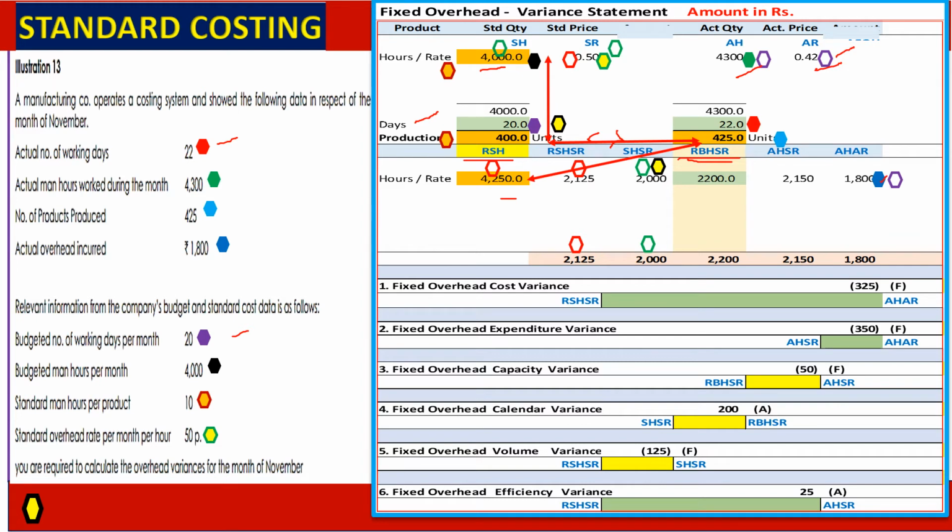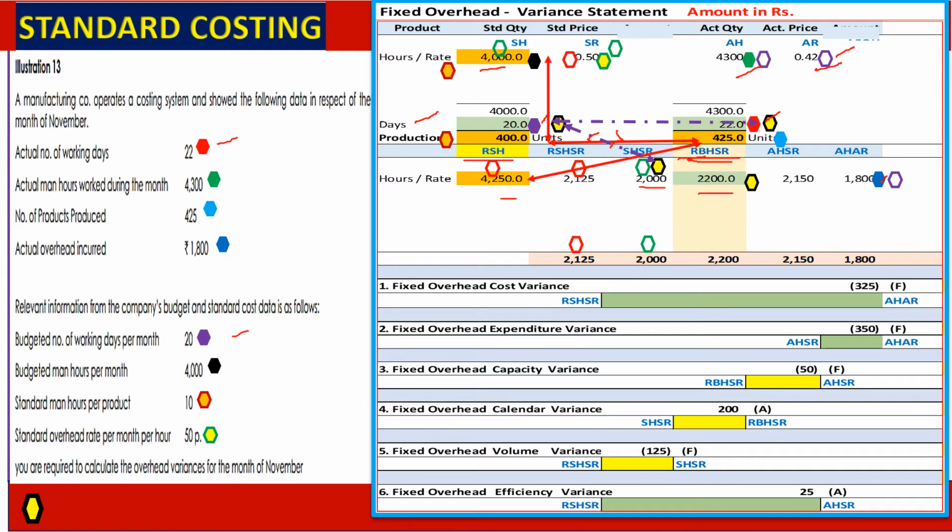What we normally do is, if standard hour at standard rate is 2000 for 20 hours, if the plant has worked for 22 hours, what should be the revised standard, which is called revised budgeted hours? 2000, if it is for 20, means 2000 divided by 20 multiplied by 22 is equal to 2200.